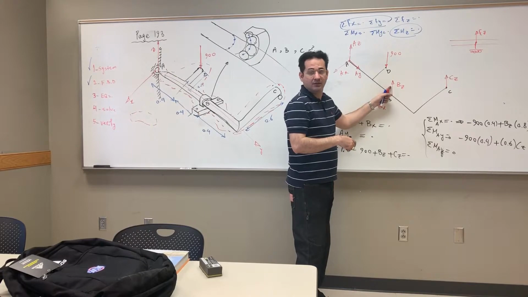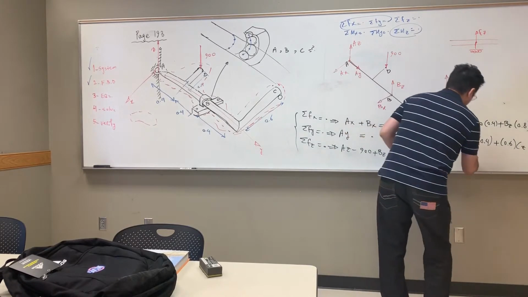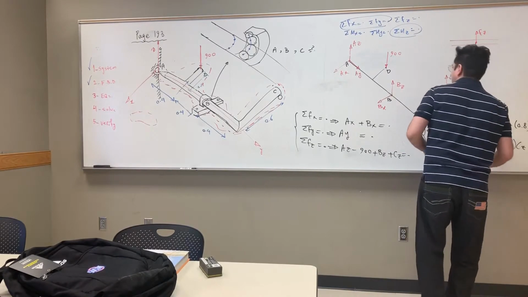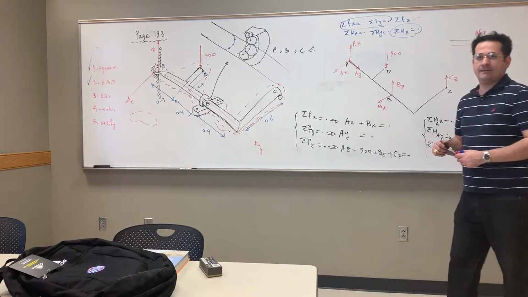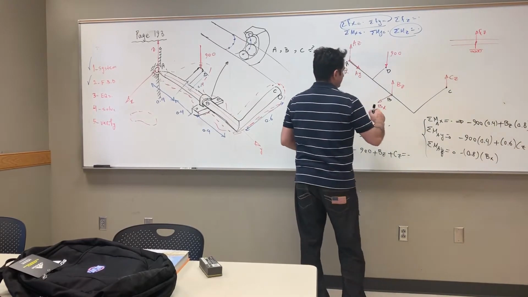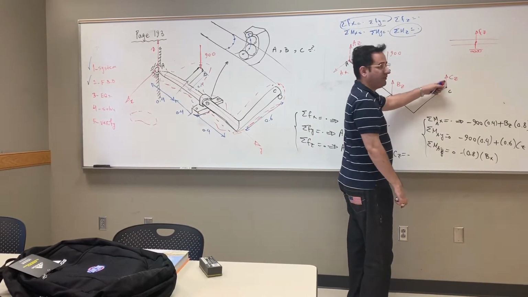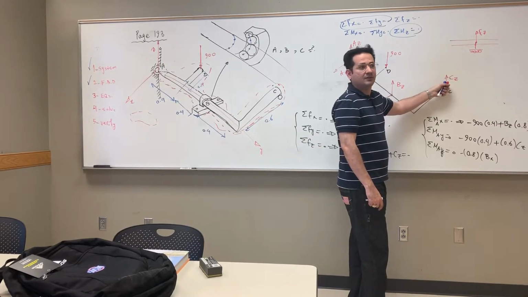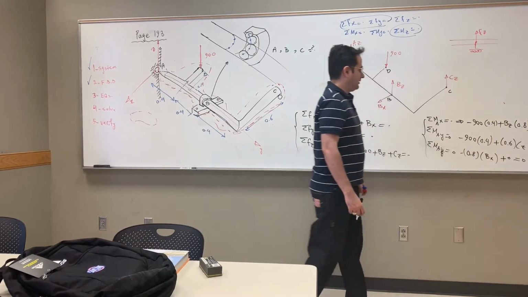Next. 0. Then 0.8 times DX. Positive or negative? Negative. Next. The moment coming from this is 0, plus 0 is equal to 0. So these are my equations.